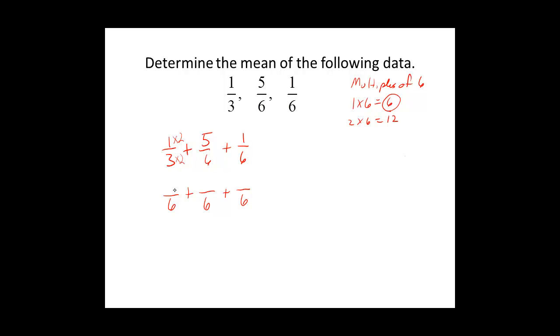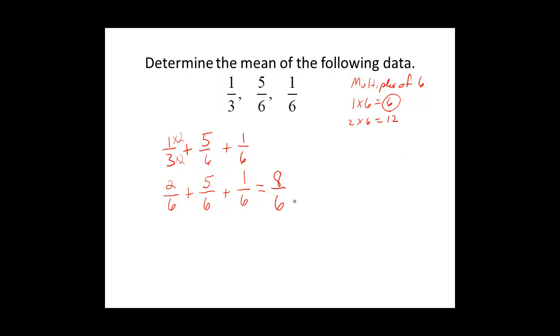1 times 2 is 2. We didn't change this denominator, so we don't need to change the fraction at all. We didn't change this denominator either, so we don't change that fraction at all. Next, we will add the numerators. 2 plus 5 is 7, plus 1 is 8 over 6. Now we need to simplify.